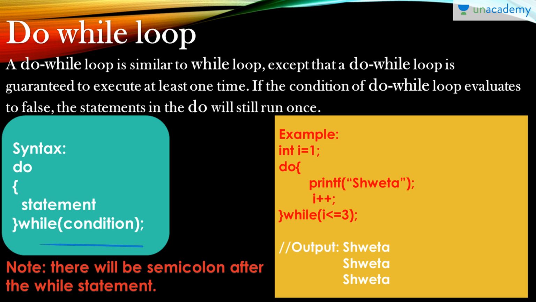So first it will execute this code, then it will check the condition. So here it will execute at least one time. First it will execute this, then it will check the condition.